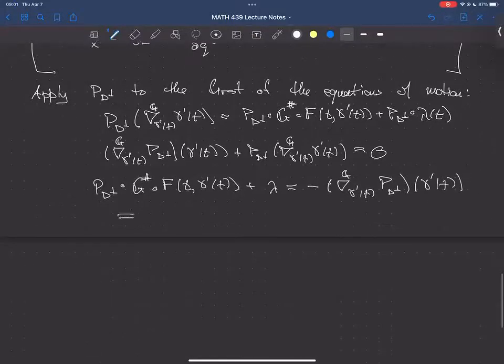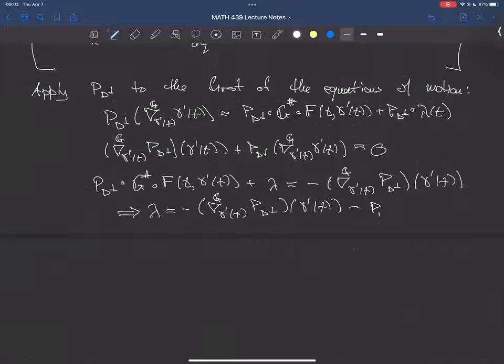And therefore lambda is minus nabla G gamma prime of t PD perp of gamma prime of t minus PD perp G sharp F of t gamma prime of t.